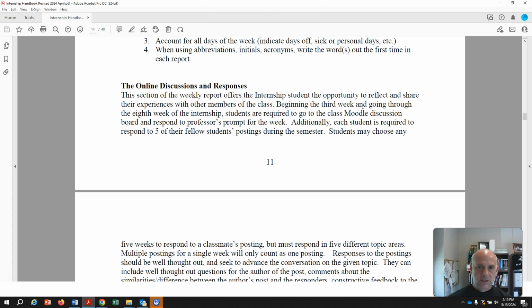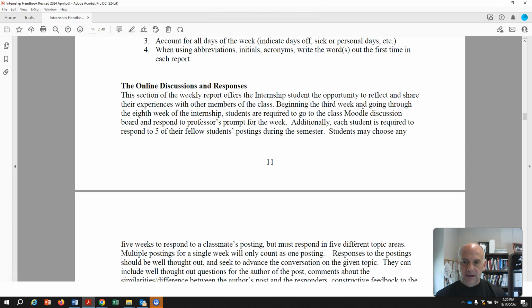It's going to be like, what's the purpose of your agency? Talk about the mission, vision. How do they go about marketing? So you're talking about your agencies and posting that material on the discussion page. Then others within the class in the internship can also go in and look at your post, and you're supposed to respond.